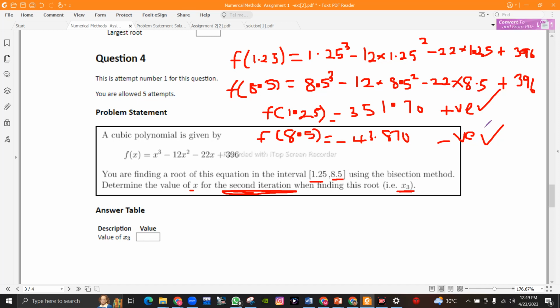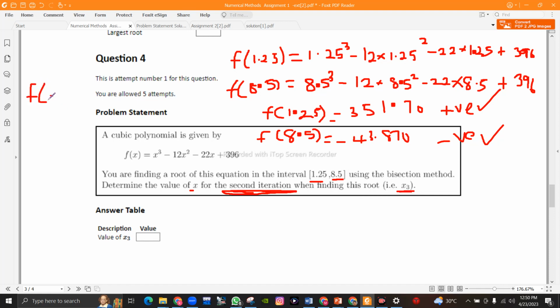If both of them are positive, that means the root of that function is not within that range, so you can't use bisection. If both of them are positive or both of them are negative, the root is not within that range. One has to be greater than 0 and one has to be less than 0. That's the one rule of bisection.